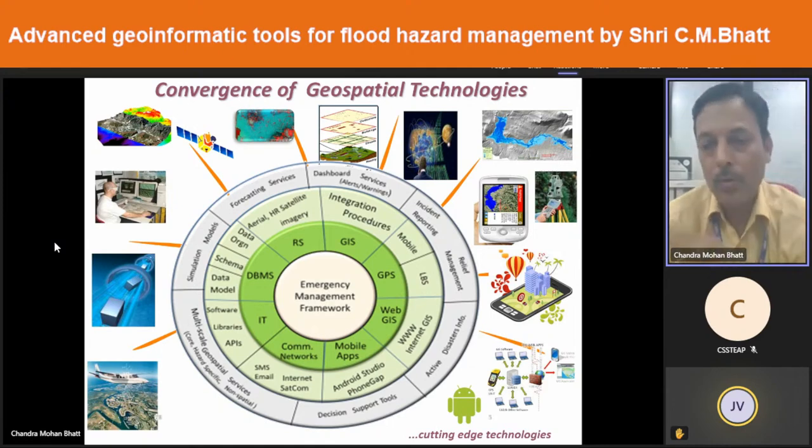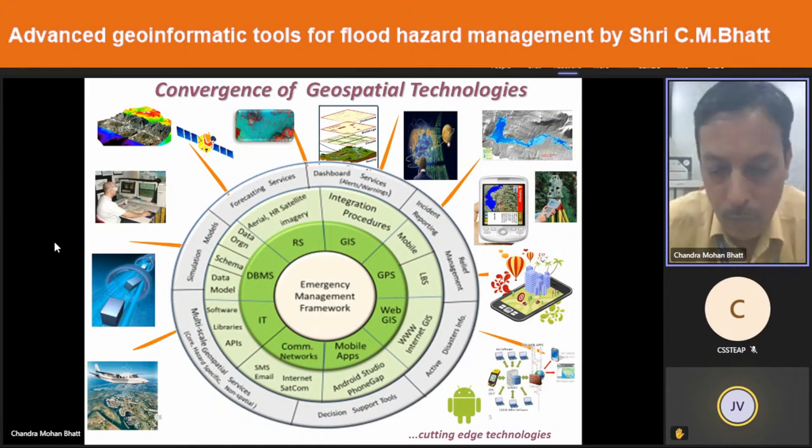So the entire cycle of flood hazard management, whether it is from the start of the disaster, pre-flood, during flood, or post-flood, gets benefited. And it is not one single technology that is helping flood hazard management.